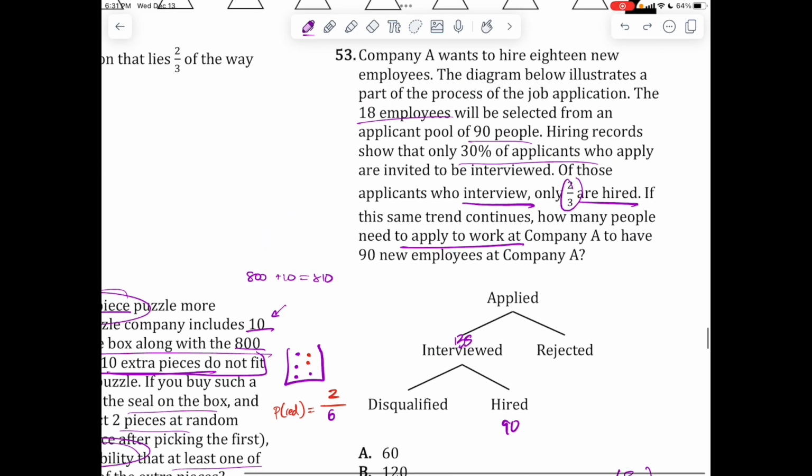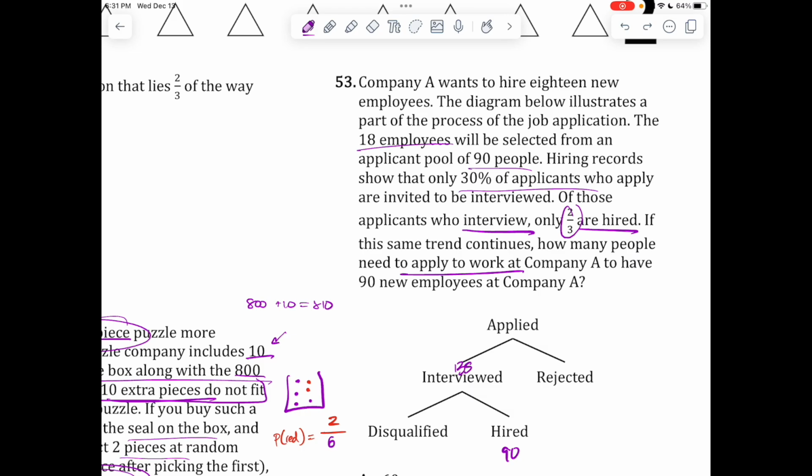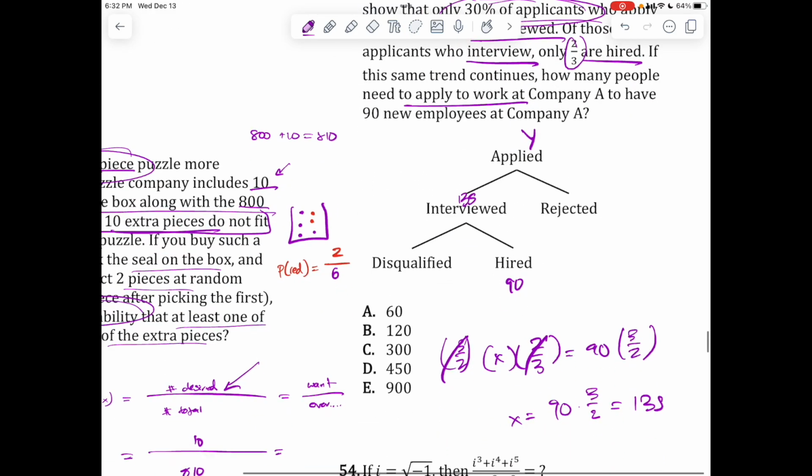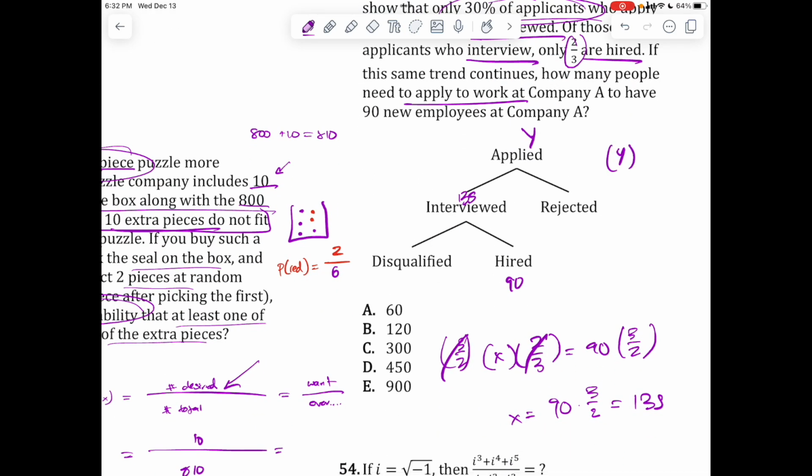Now let's, again, go back up the chain. What's the relationship between applied and interviewed? Only 30% of applicants who apply are invited to be interviewed. So whatever this number is, take 30% and I get interviewed. We'll call this number y. y times 30%, which is 0.30, is equal to 135.